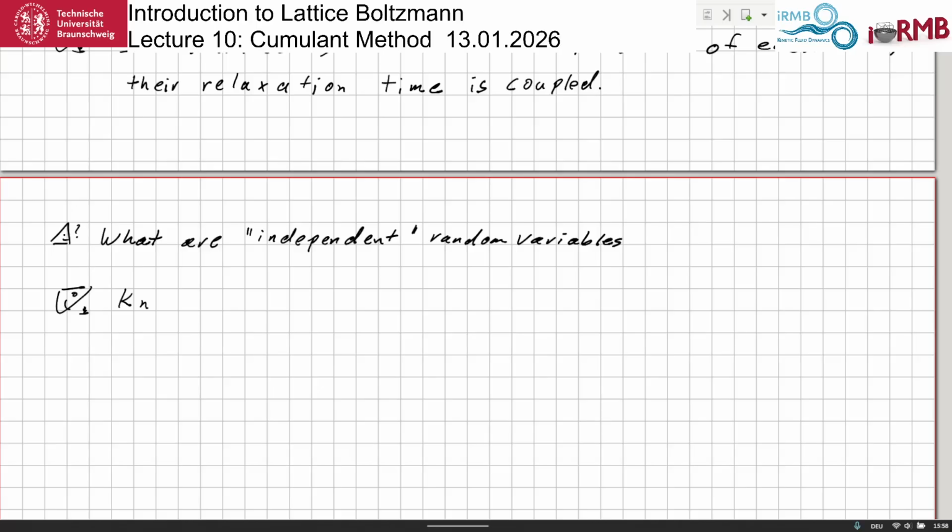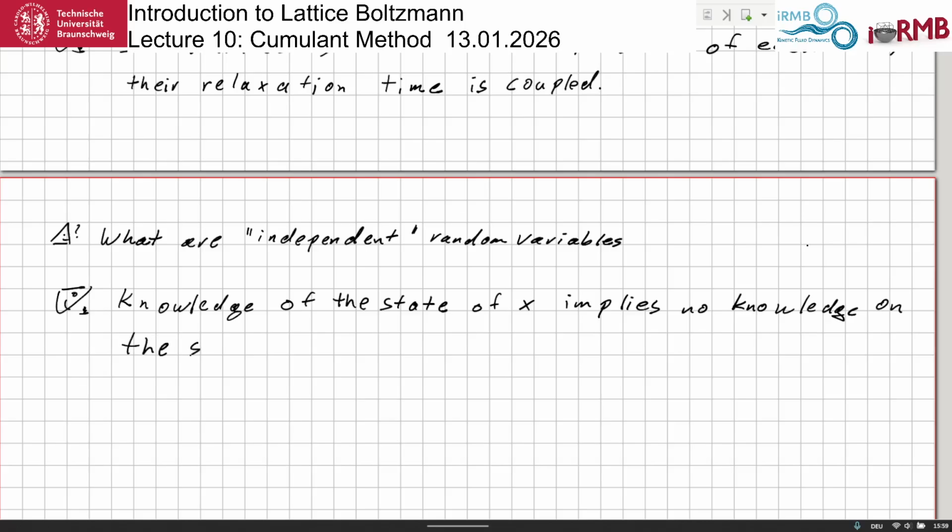If these two things are independent of each other, then that means that if we have knowledge, that is, a measurement of the state of x, then this implies no knowledge of the state of y. This is in a statistical sense.